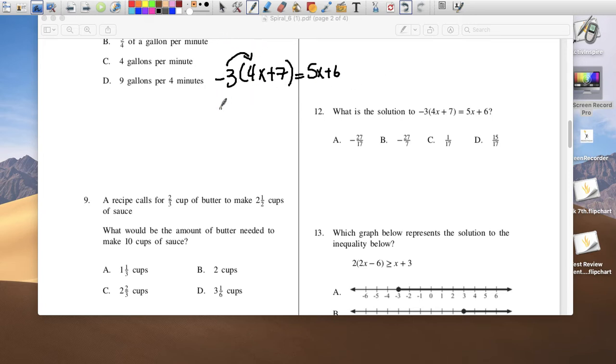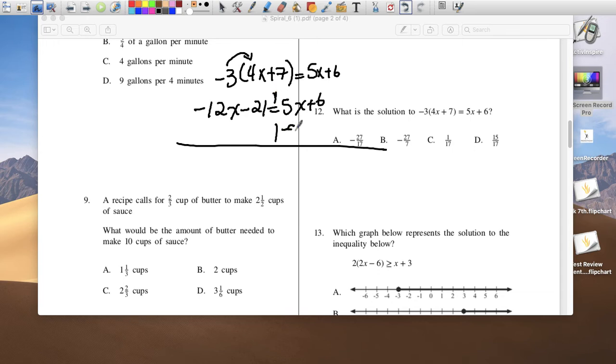So negative 12x minus 21 equals 5x plus 6. Can I combine any terms? No, but I have variables on both sides, so let's get rid of one of them, and it really doesn't matter which one. So I'm just going to get rid of the 5x, and that's positive 5x. I'm going to do minus 5x, and I'm going to do minus 5x over here.